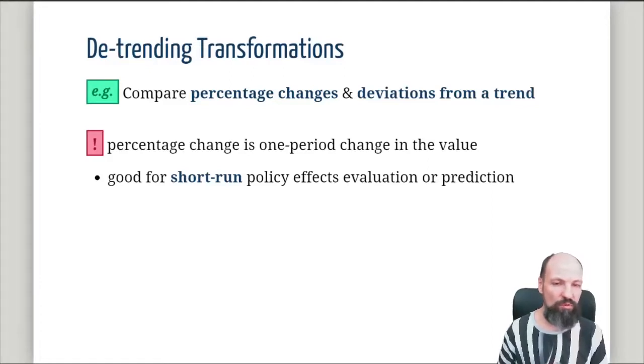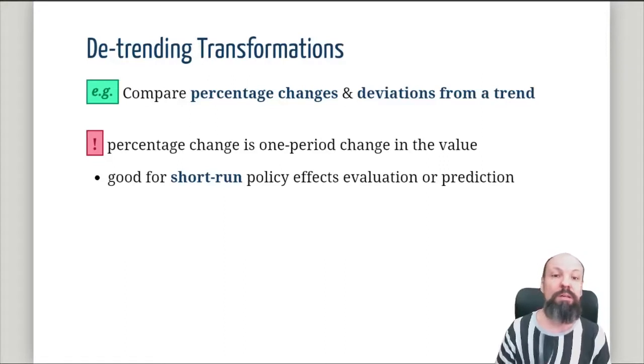So something that is growth related, long-term economy growth that causes exponential trends. Then applying percentage change, one period percentage change. One period means that we compare the current value with the previous period exactly.